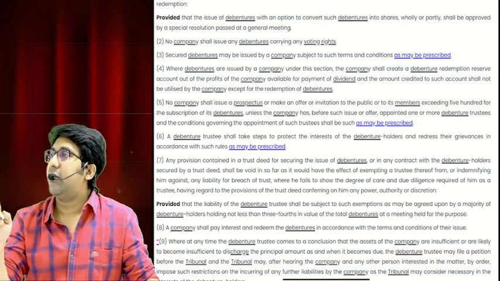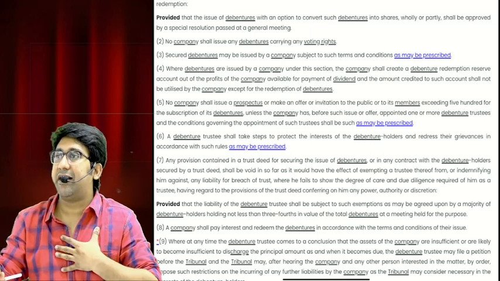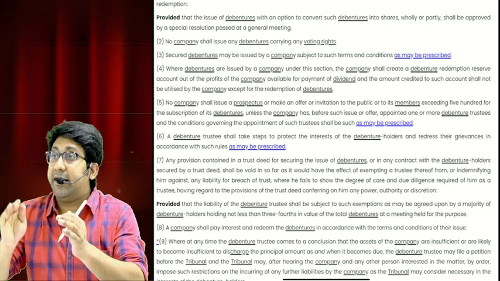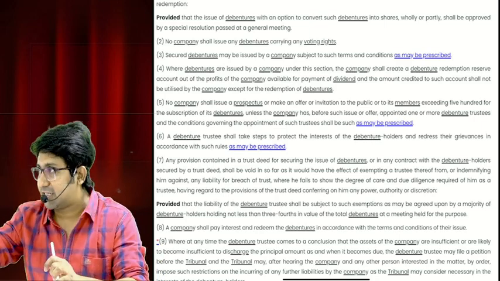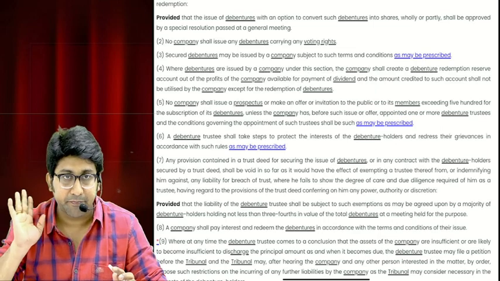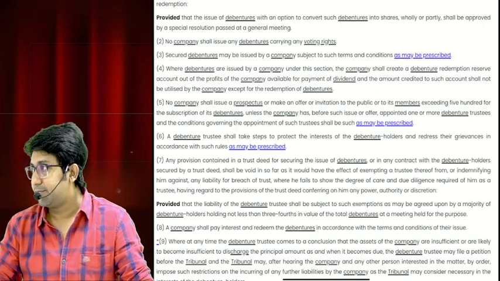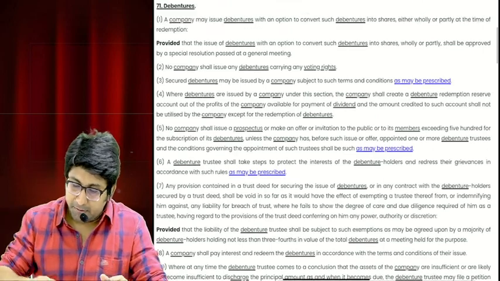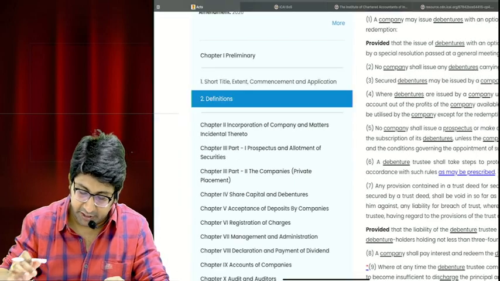You are calling a convertible debenture a debenture, but I will treat it as equity. Therefore, just as when you issue shares you pass a special resolution, convertible debentures issue also requires a special resolution, because we are treating it on par with a share. That's the first point.